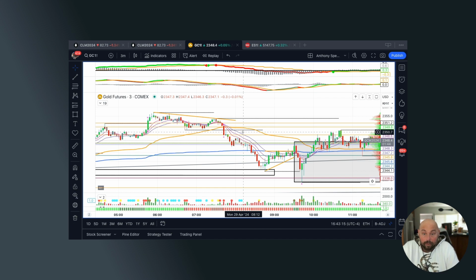Maybe it takes a deeper correction. It can happen. But from what I'm seeing based on price action, based on volume, based on order flow, with a deal of confidence, I can say, look, I believe, and I could be wrong, but I believe that if price action holds this lower high, that we should make a lower low here into the VWAP. And if we break that, we were targeting this higher time frame channel structure for 2342.2.